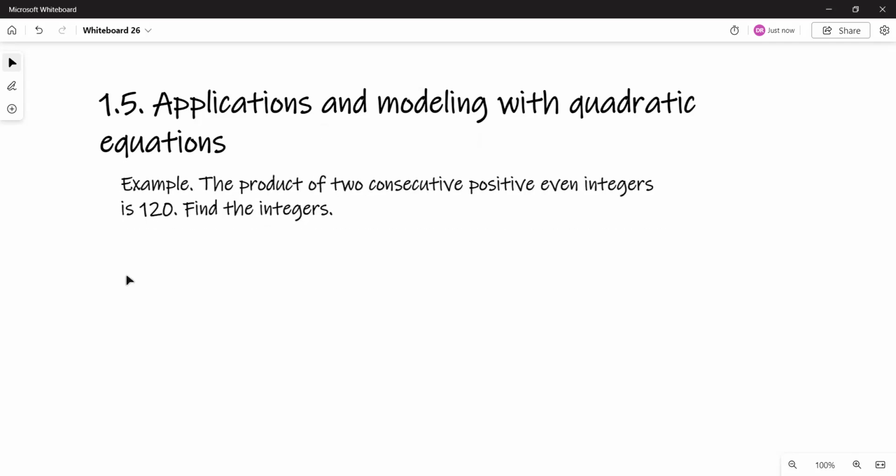So like we did with linear equations, from the question of the problem, we're going to set up a variable. We're going to let a variable represent what we want to find and write an equation. So let x be the smallest integer.